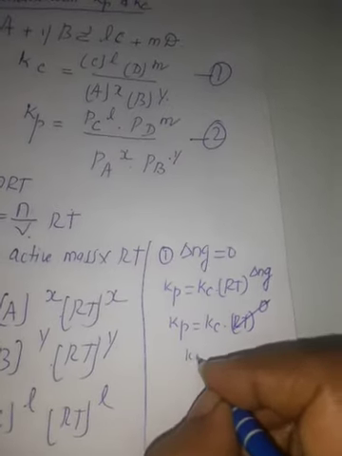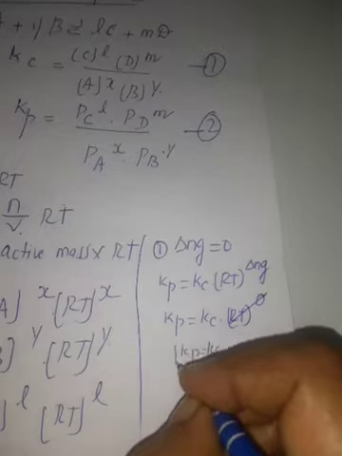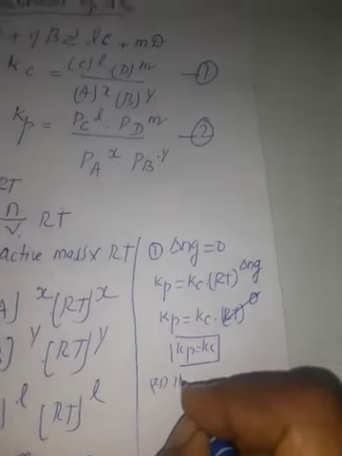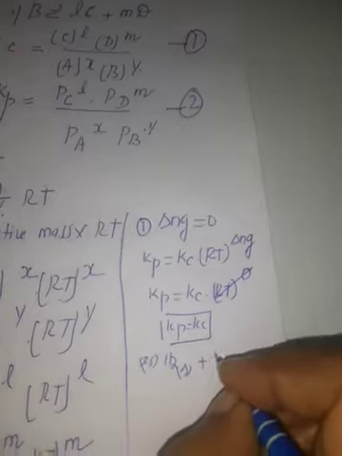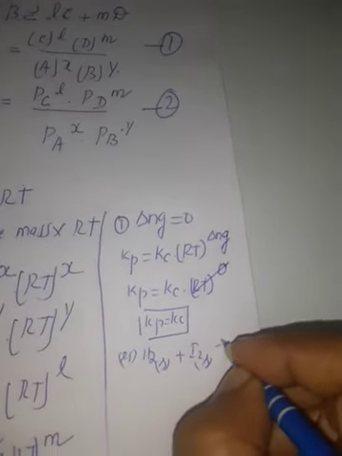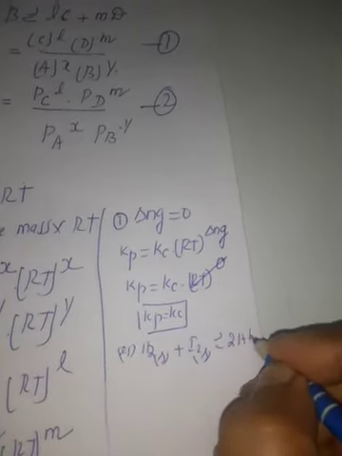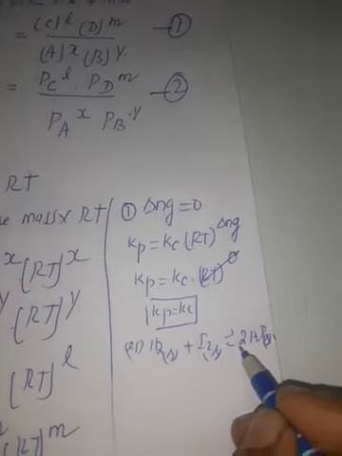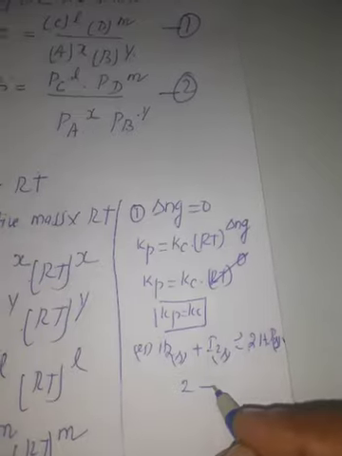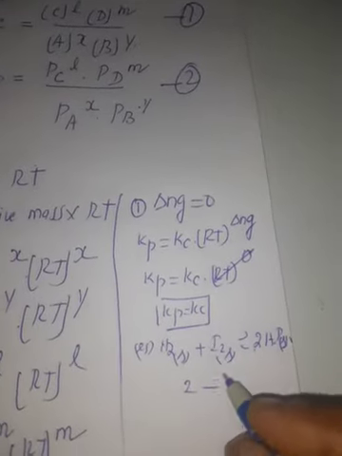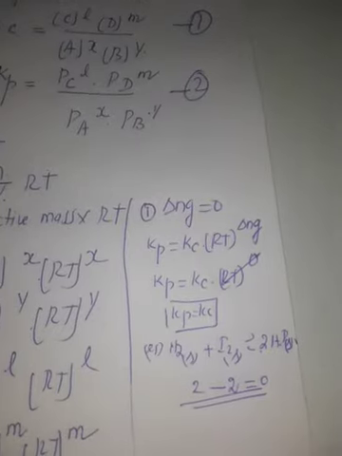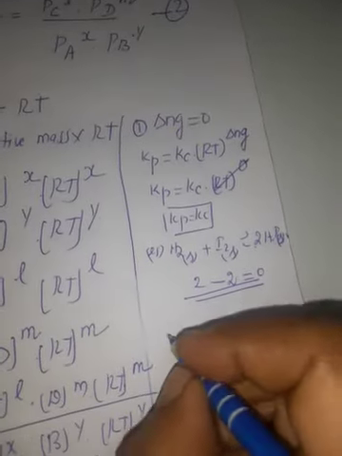Therefore, Kp equal to Kc. For example, H2 gas plus I2 gas giving 2HI gas. Product moles 2, minus reactant moles 1 plus 1, 2. 2 minus 2 is equal to 0. That is delta Ng is equal to 0.